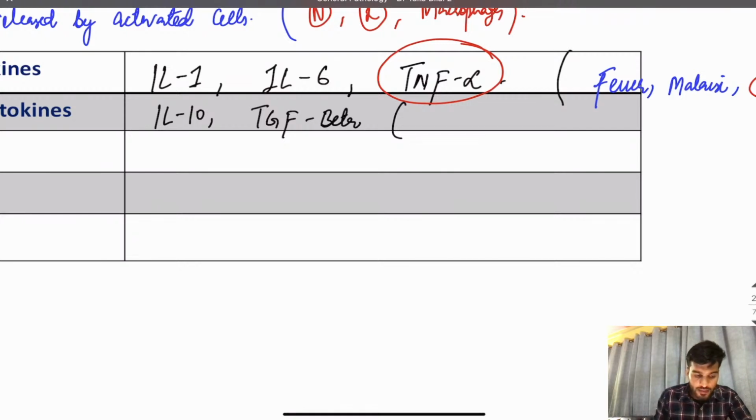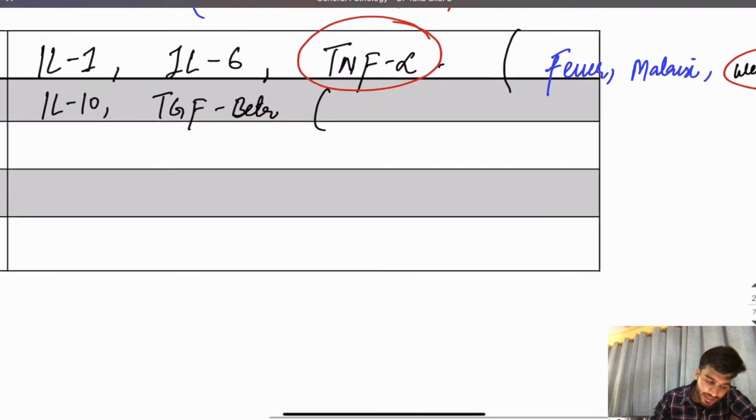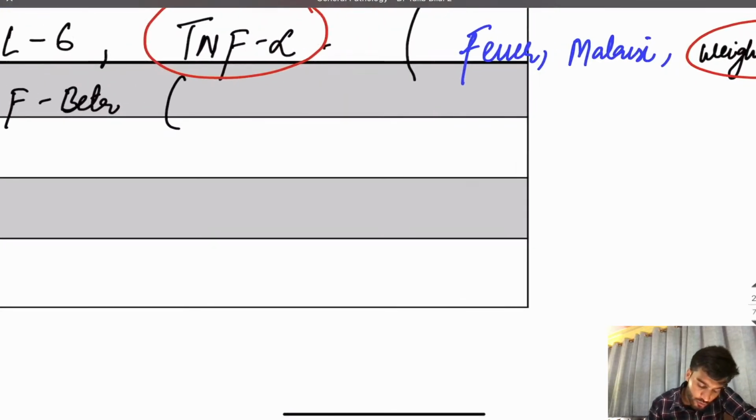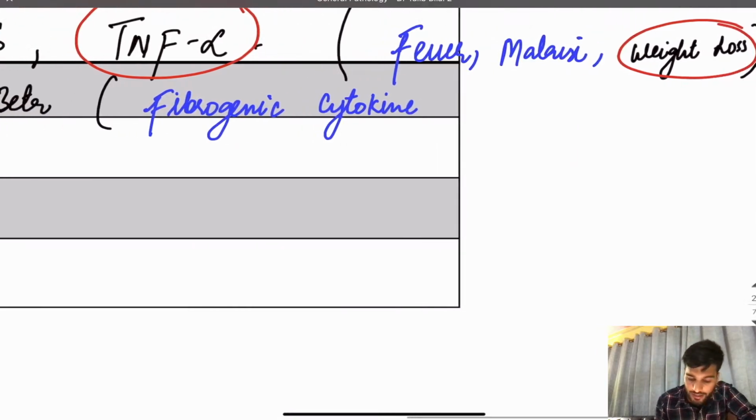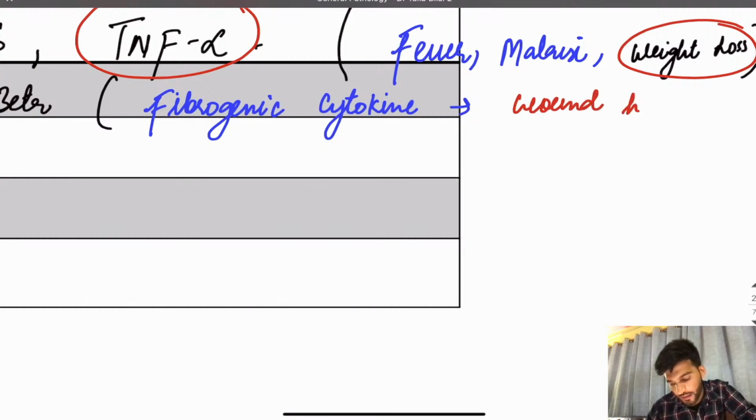And remember, this TGF beta is a fibrogenic cytokine. It helps in wound healing.